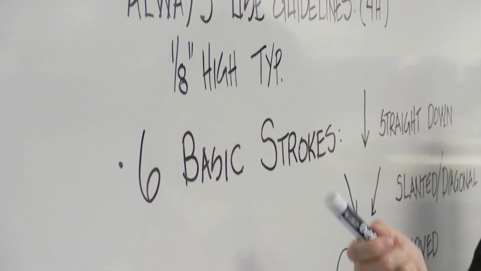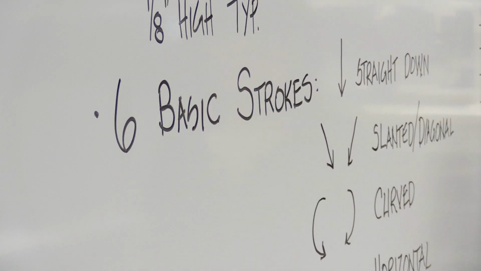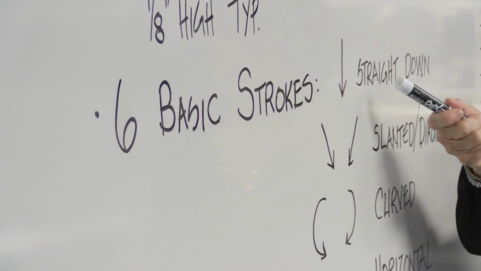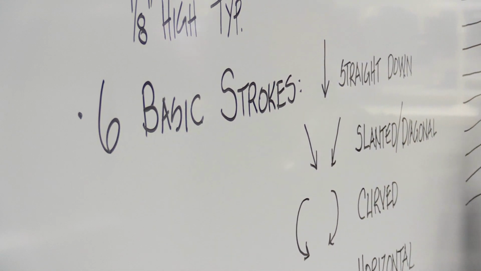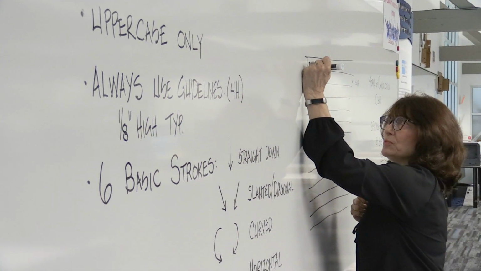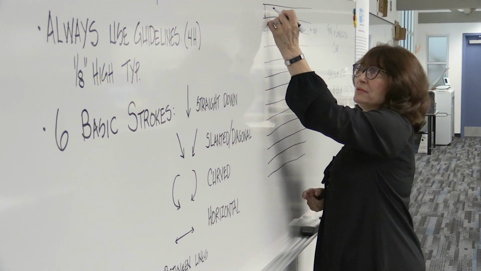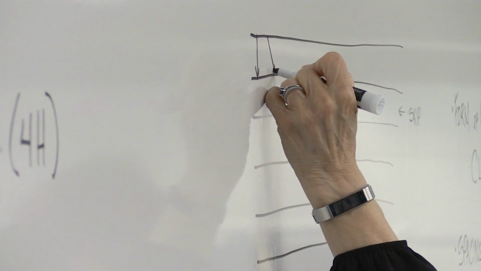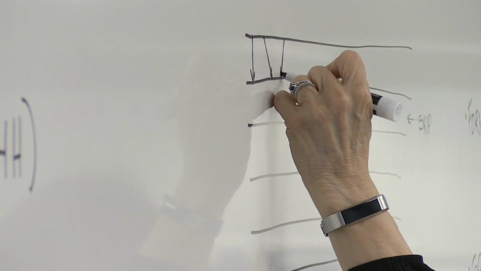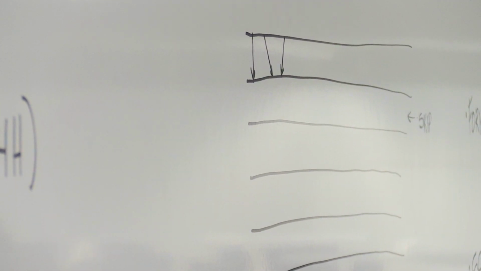We create our letters using 6 basic strokes, okay? We're either straight down, we can be slanted or diagonal in the case of an N or an M, or it could be curved.